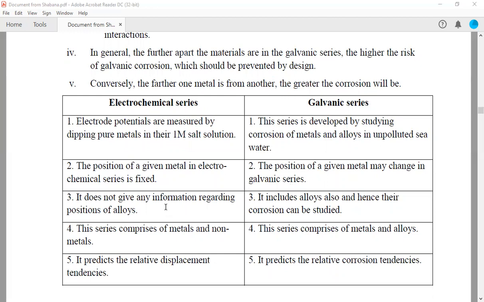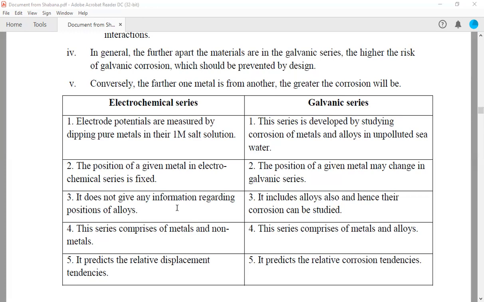Coming to the third difference, there is no information regarding the position of the alloy in the electrochemical series, whereas here the corrosion of the alloy can be studied from the galvanic series.